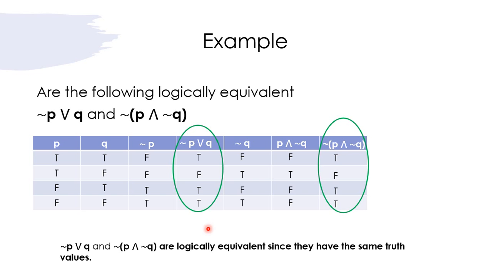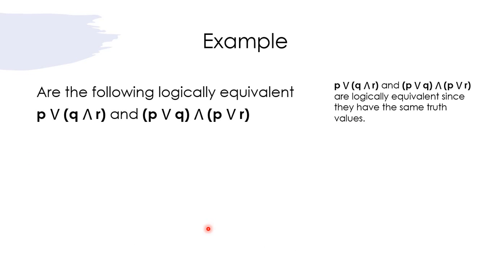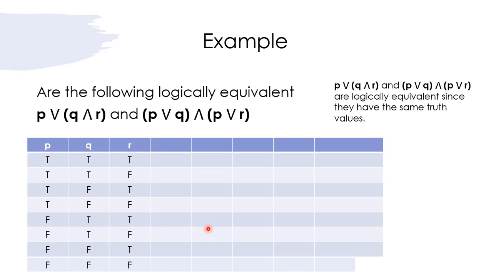Let's now look at another question. Are the following logically equivalent? Once again, we need to set up our truth table. Here we have the answer already, that it will be logically equivalent. They have the same truth values. Once again, we have all the possible combinations taken into consideration.